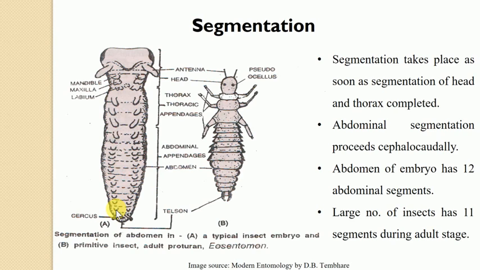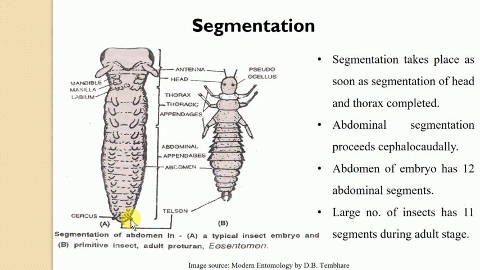During the embryonic stage, abdominal segmentation always proceeds cephalocaudally. Cephalocaudally in the sense that it starts from the cephalic, that is the head region, and ends towards the tail region, that is the caudal region. The abdomen of the embryo of many insects is segmented into 12 segments, particularly in case of the Orthoptera.